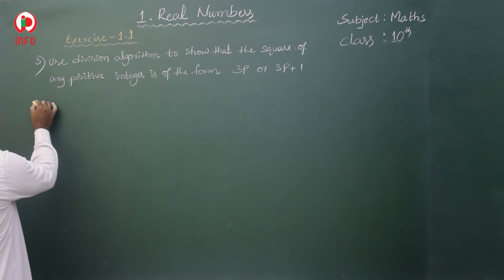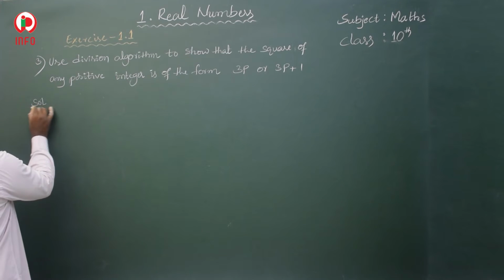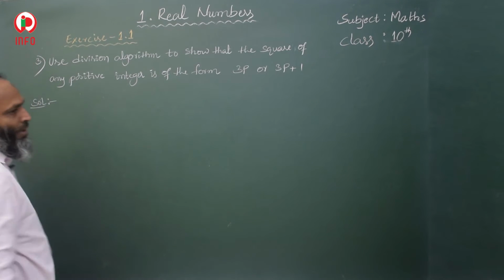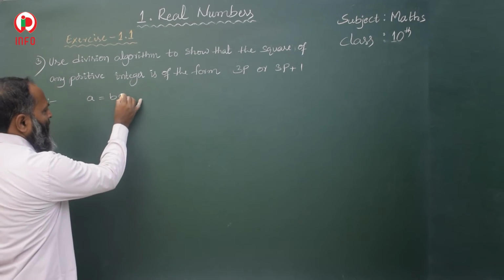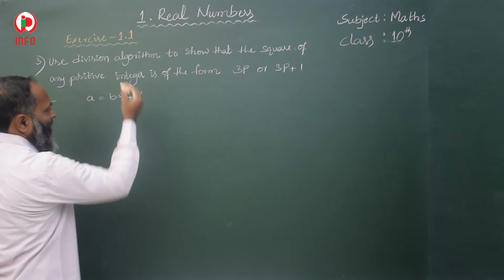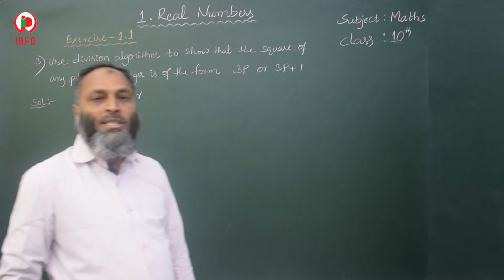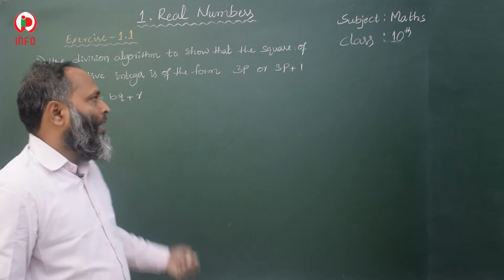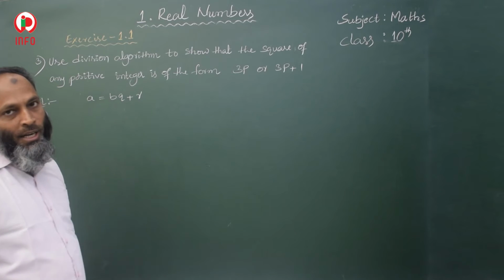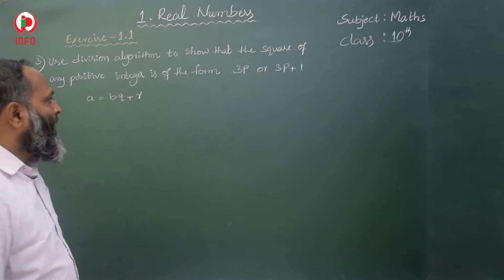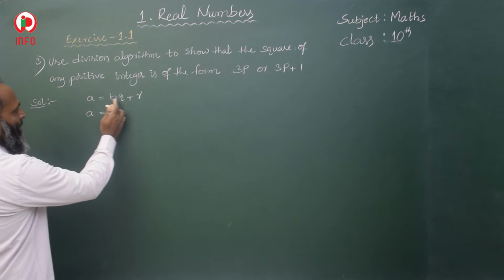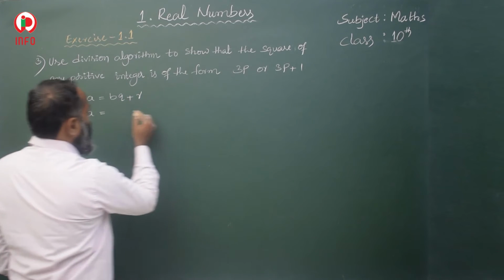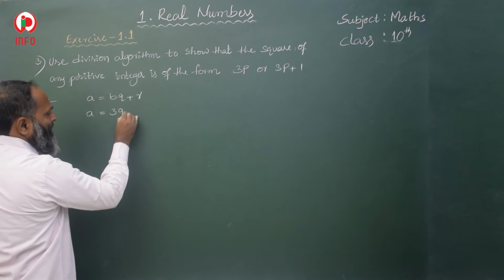So according to Euclid division lemma, we know that a is equal to bq plus r, where a and b are positive integers. Now instead of b, I want to take 3. Here 3 is given: 3q plus r.